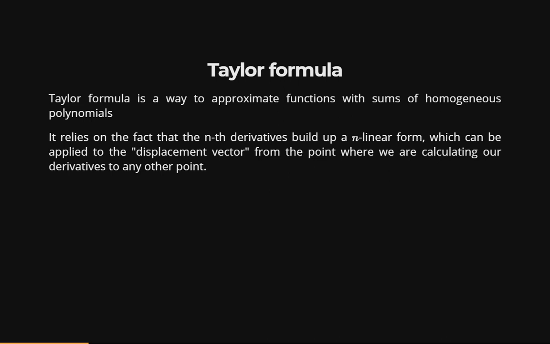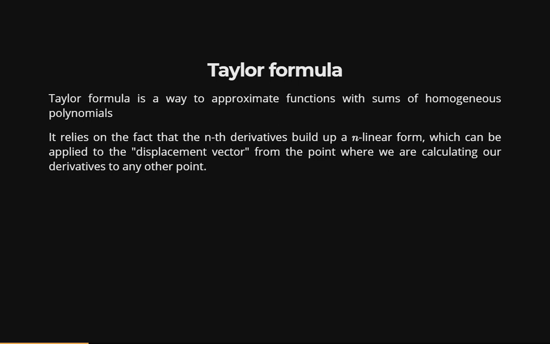You could think of them as the coefficients of a homogeneous polynomial in the right number of variables. What you do is take the displacement vector x minus x0 and plug it into the n-linear form given by the nth derivatives. So you take the dot product with the gradient, you apply the Hessian matrix to both sides, and so on.